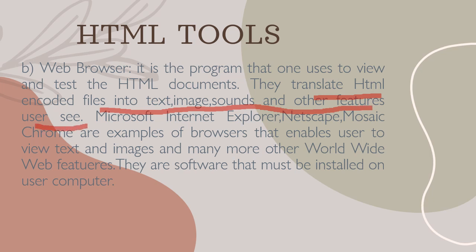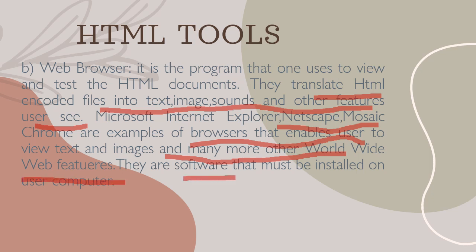Microsoft Internet Explorer, Netscape, Chrome are examples of the browsers that enable users to view the text and images and many more other World Wide Web features. They are the software that must be installed on the user's computer. Okay, now here, let me rub this.